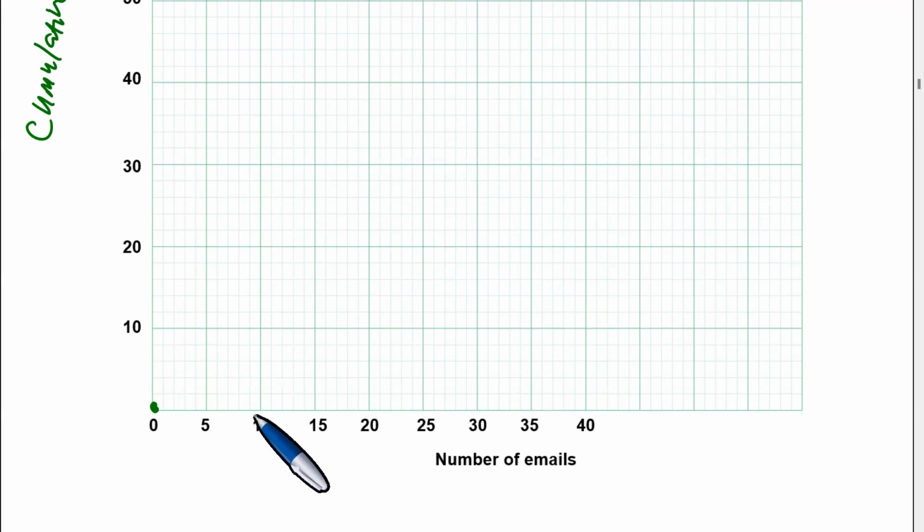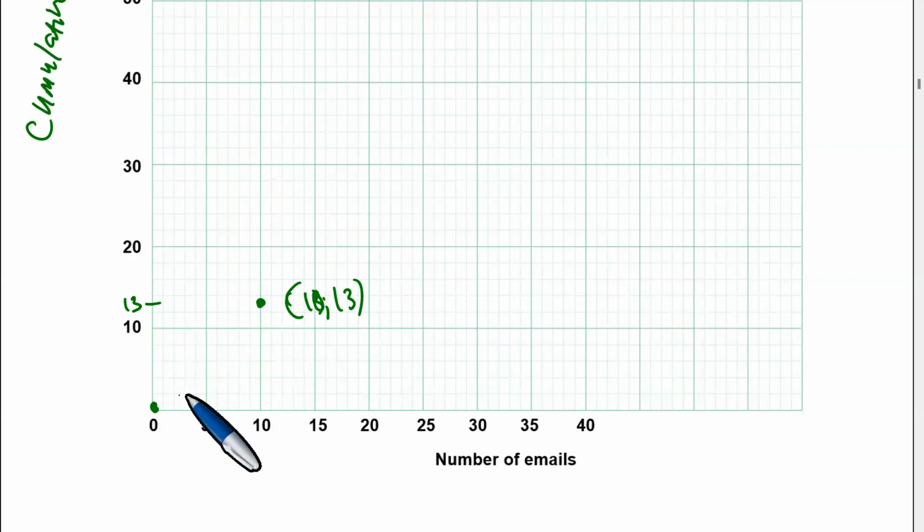And then at interval 10, you have 10 goes with 13. Here it's 2, 4, 6, 8, 10, so it's in twos, and 13 is going to be somewhere around here, between 12 and 14. So 10 goes with 13 on the cumulative side of things. And therefore you have this.